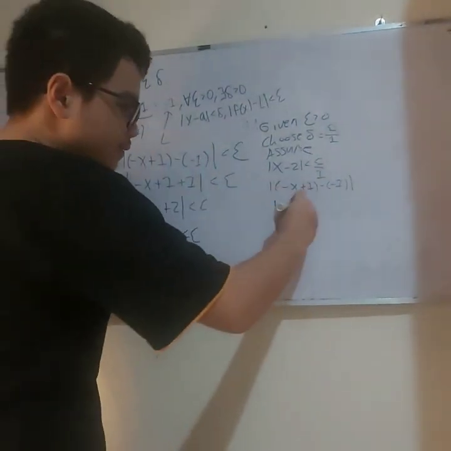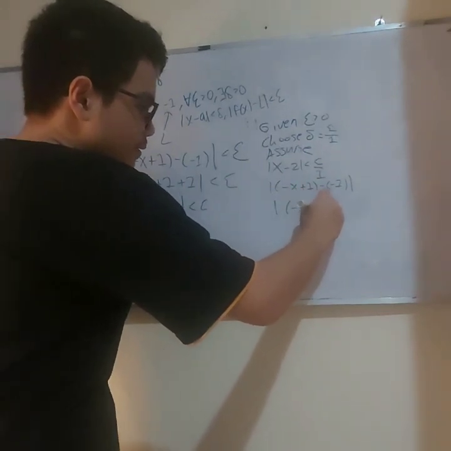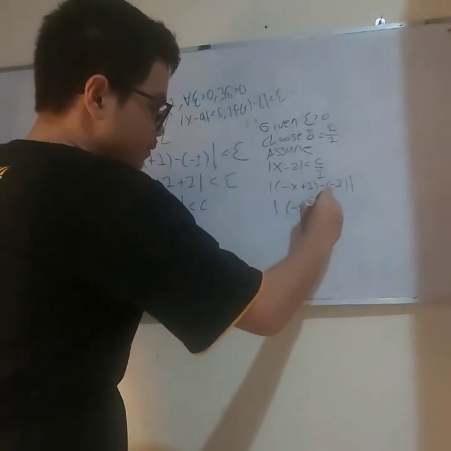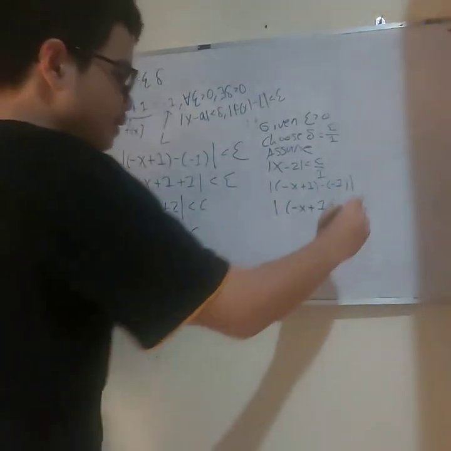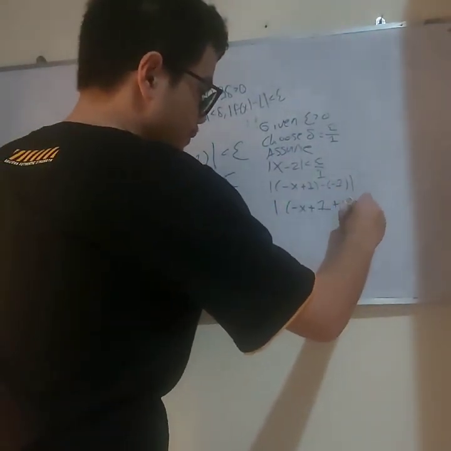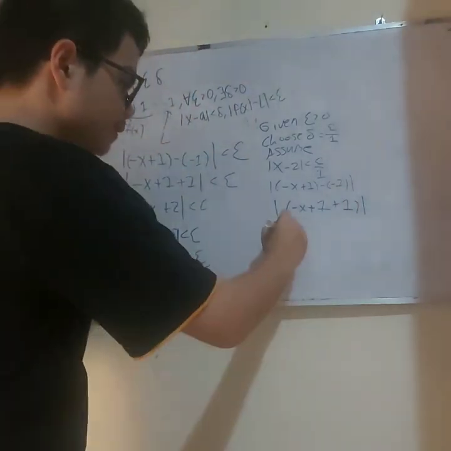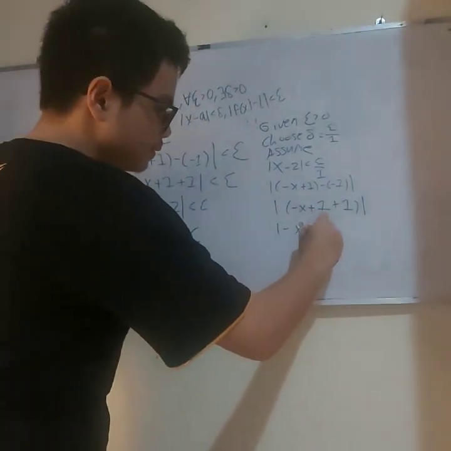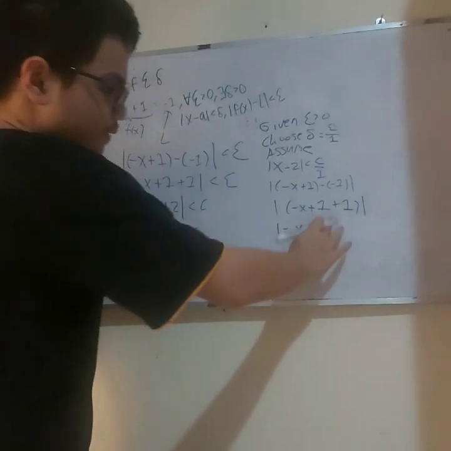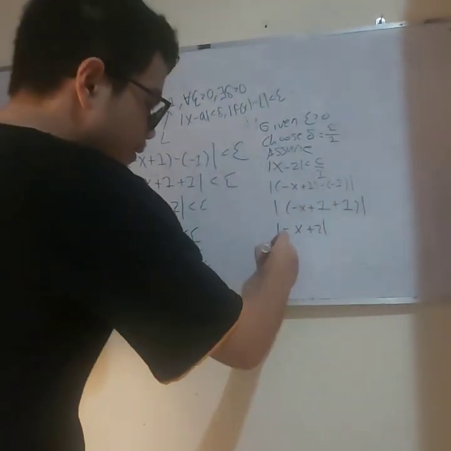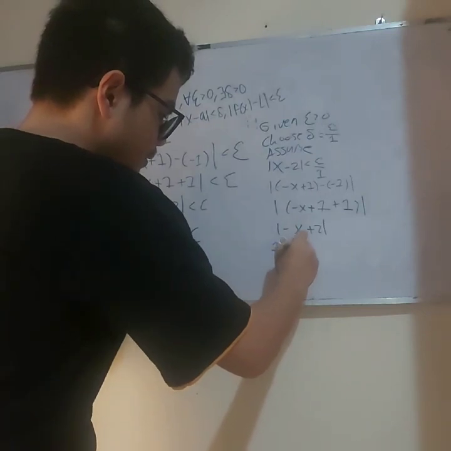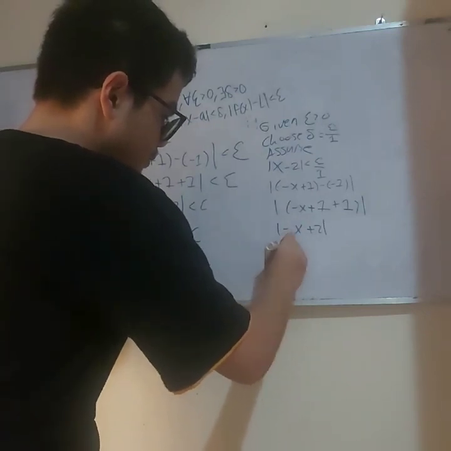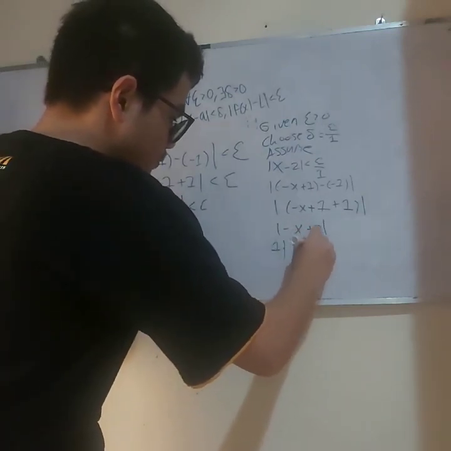So we have the absolute value of minus x plus 1 plus 1, which is minus x plus 2, in absolute value. Okay, we take out minus 1, and we have 1 times the absolute value of x minus 2.